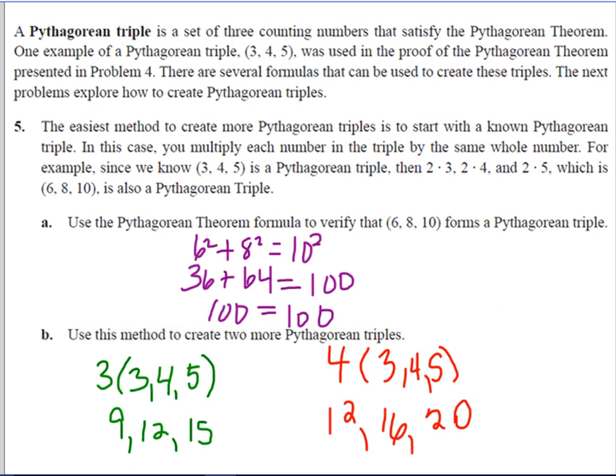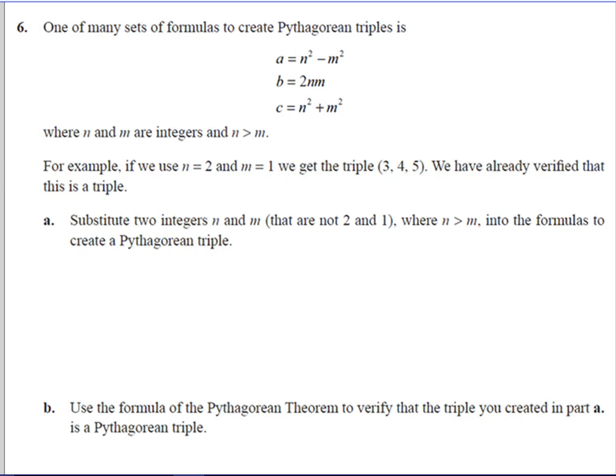Okay, here we have another way to create a Pythagorean triple. It says that if we use two numbers, n and m, and it says they are integers, which means positive and negative numbers, then our a number can be taken by the difference of the squares, n squared minus m squared.